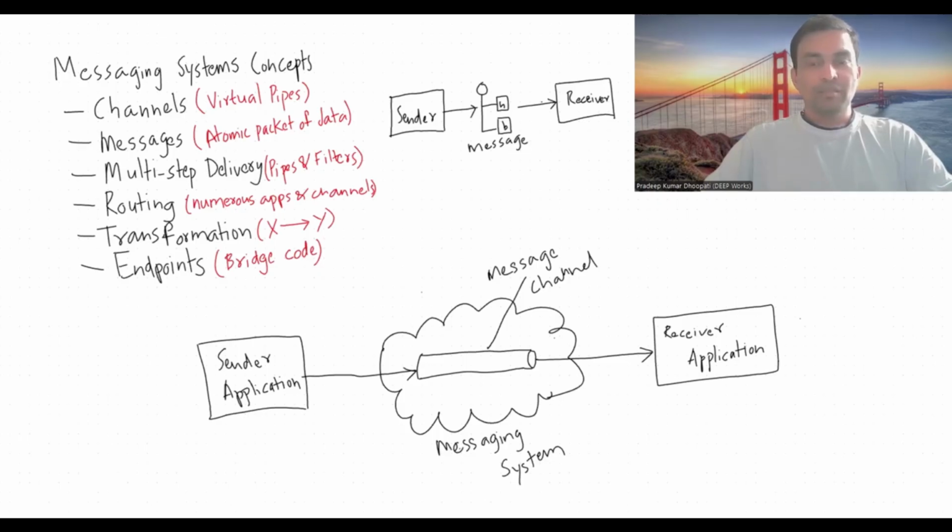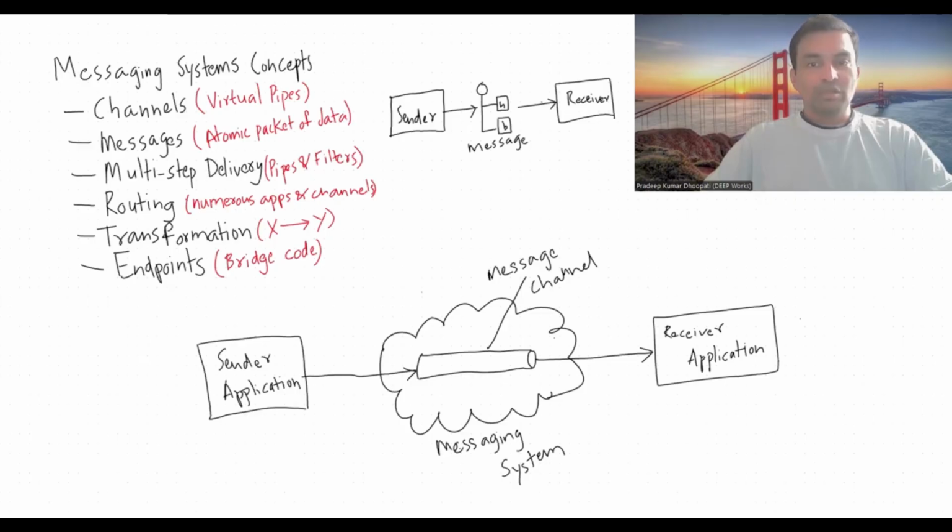Messaging makes the messaging system responsible for transferring the data, and the applications do not really worry so much about how to send the data, but focus on what data they need to share with the other application.